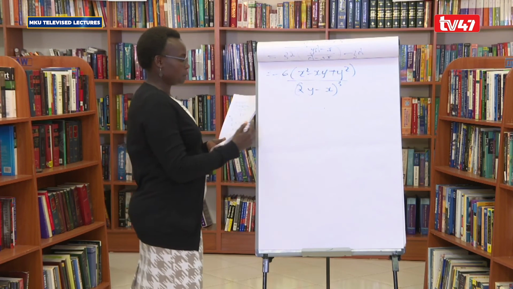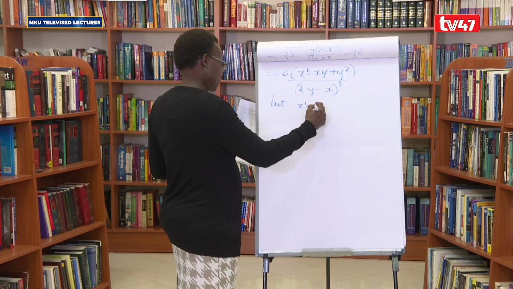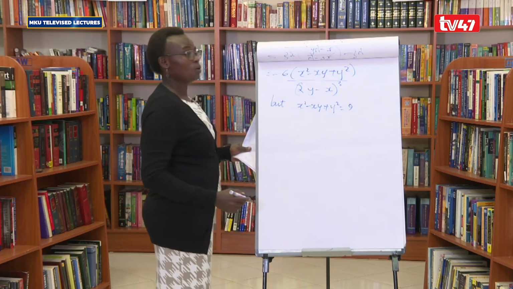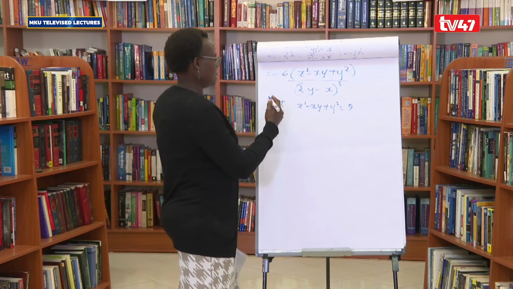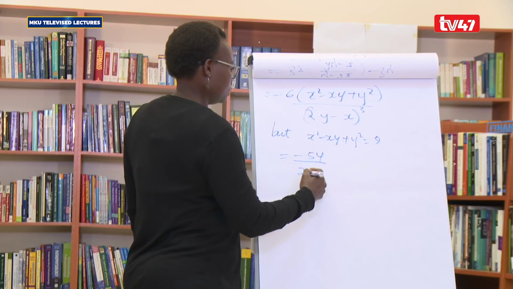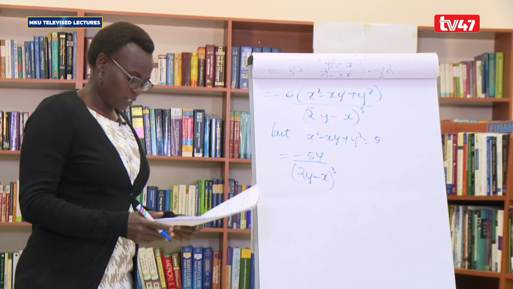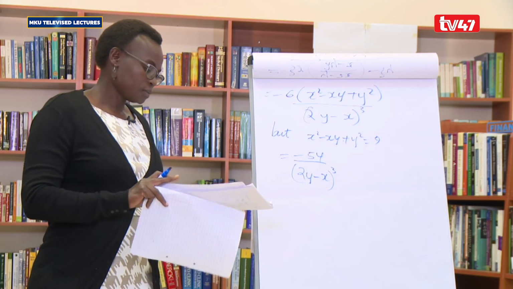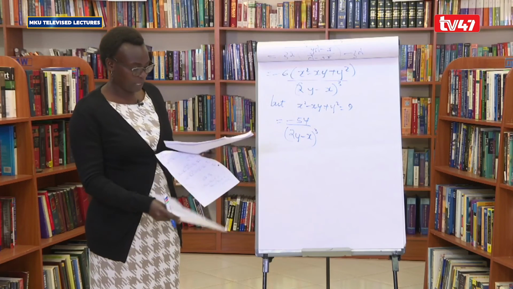Okay, but we know that x squared minus xy plus y squared is equals to 9, which is our original function. So that implies that negative 54 over 2y minus x cubed is the second derivative of our function.